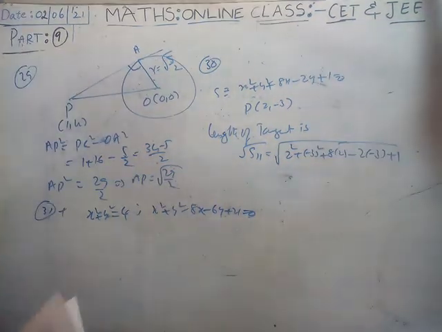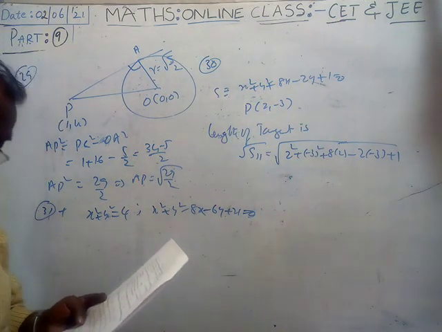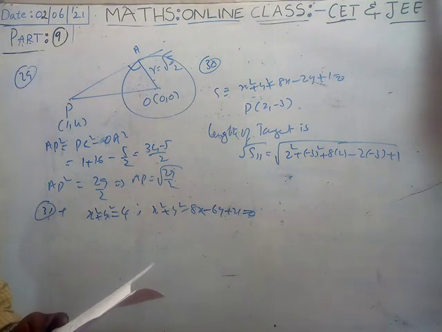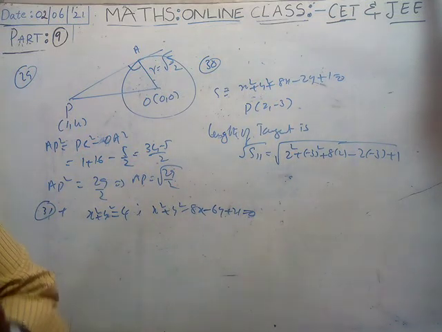Two circles are there, and we have to find the locus of the point from which the lengths of the two tangents are equal. A very good concept here also. Observe me.